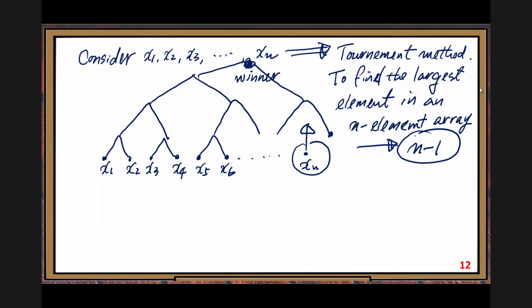All right, let's write it down. We need to find the champion, the best player, first. To find the best player, we need n minus 1 games. But that's not our goal.